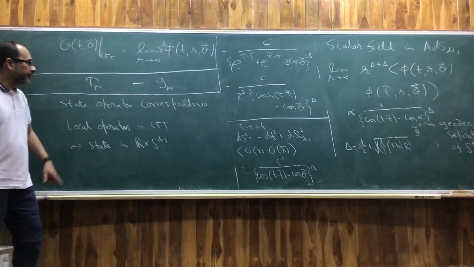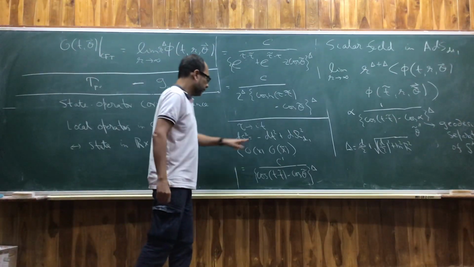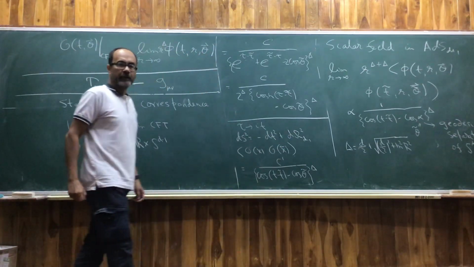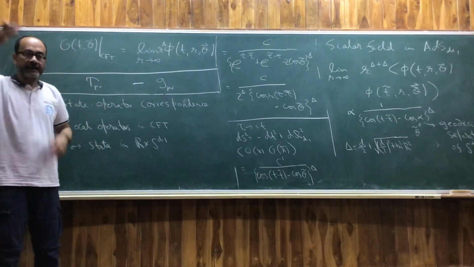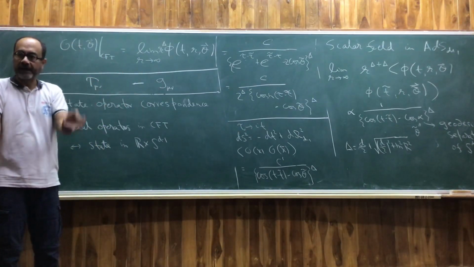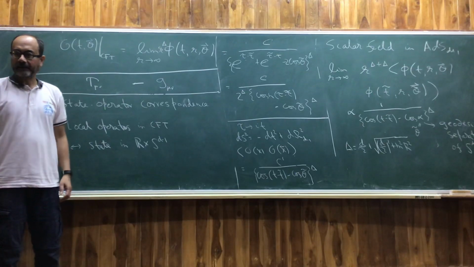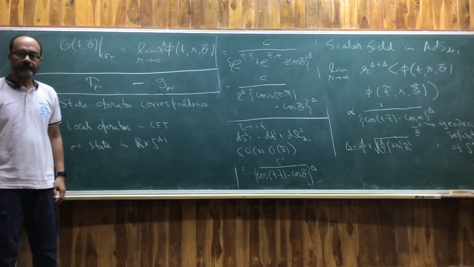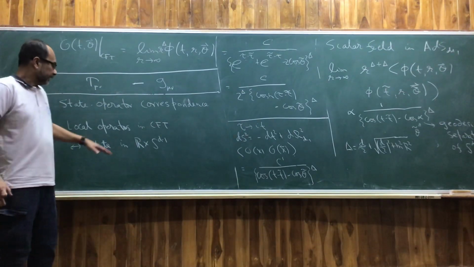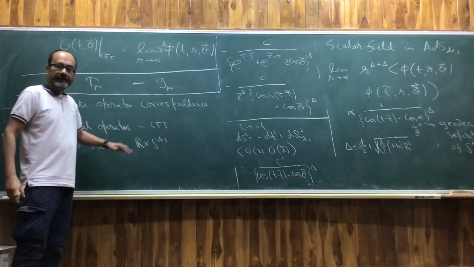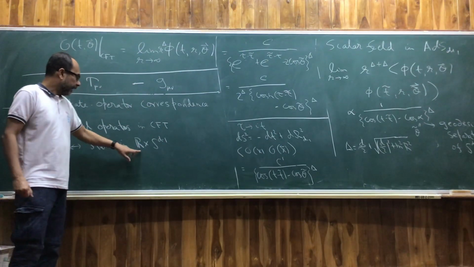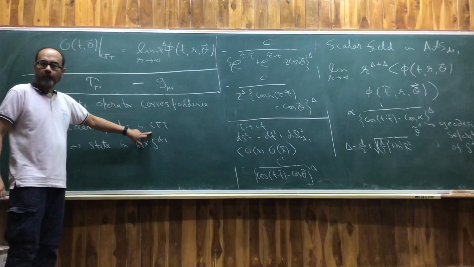Okay, if you put the CFT in this background, ds squared equals minus dt squared plus d omega_(d-1) squared, then t is the time direction and the space part is a sphere. You are putting the conformal field theory here on the sphere, and then the states in this theory are in one-to-one correspondence with the local operators in the CFT.